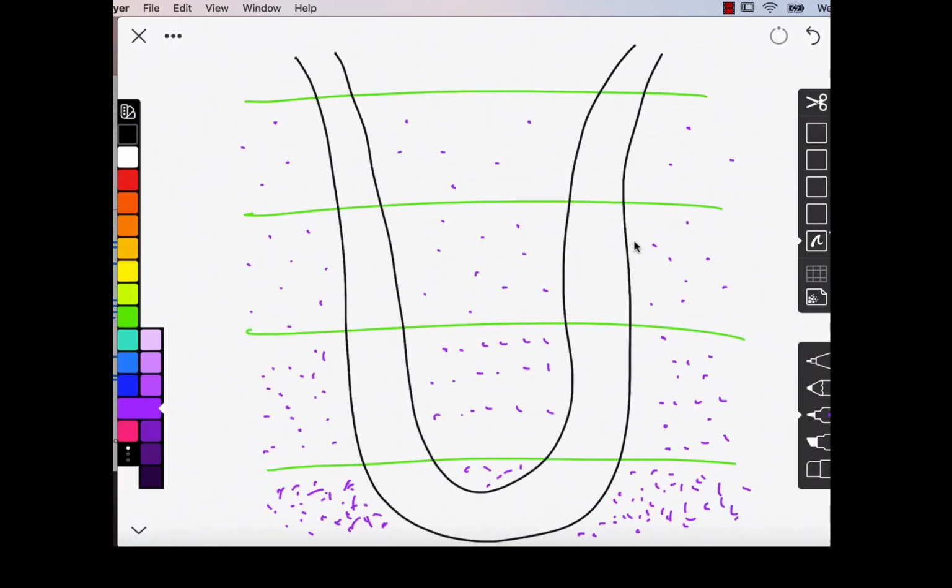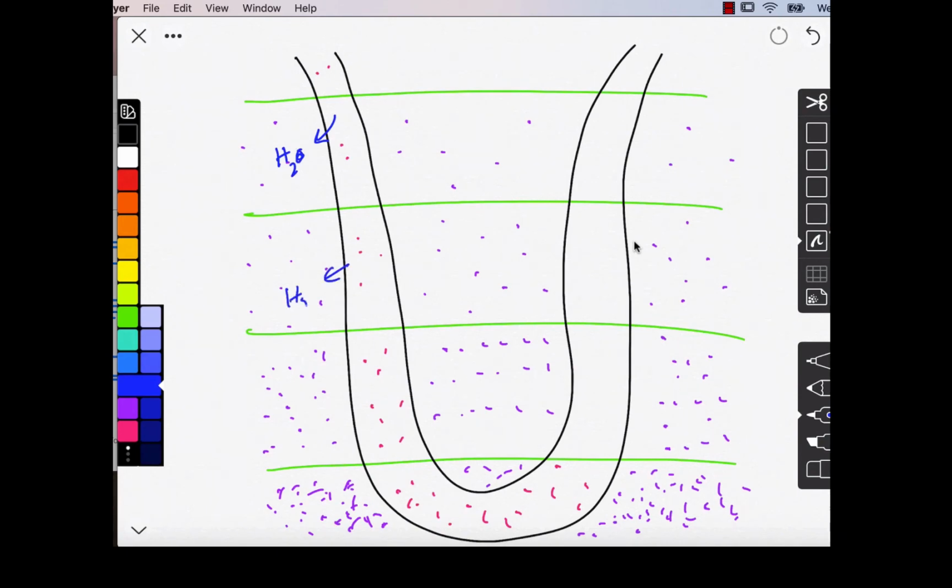So in a normal scenario, as the urine is traveling through the loop of Henle, what's going to happen is that it's going to go from a condition where it's isoosmotic to the blood to where it has fewer solutes than the area around it. And what this is going to cause is water to exit.